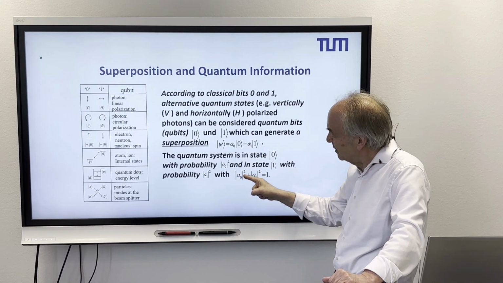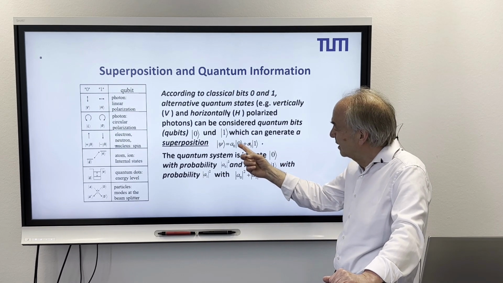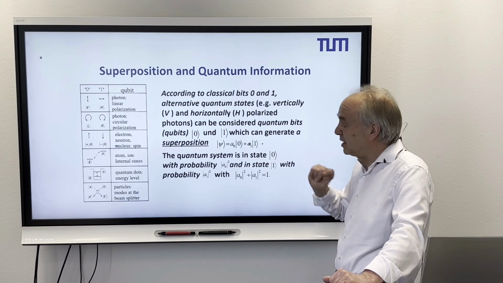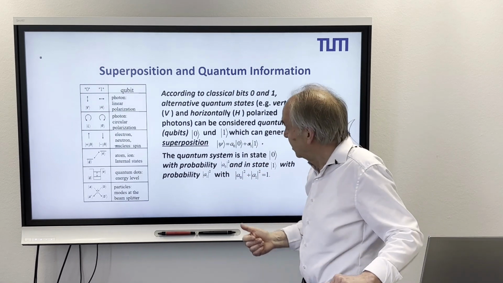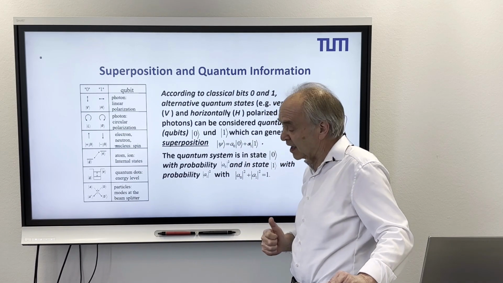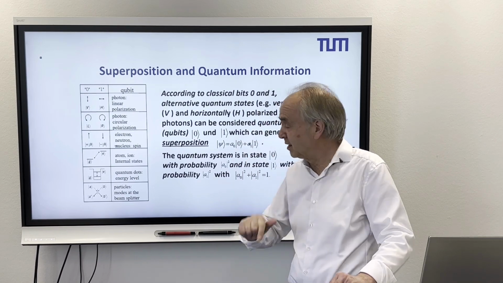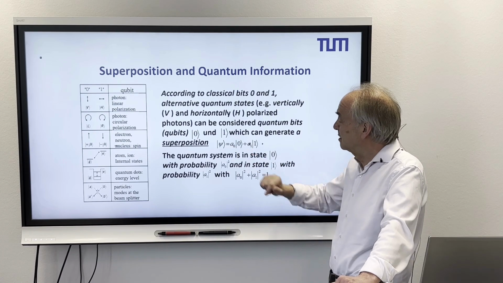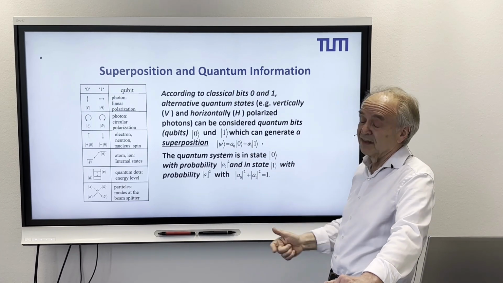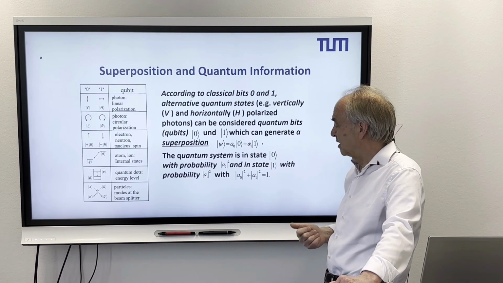And that, in another interpretation, means probability to be in the state 0 or probability to be in the state 1. For example, psi means that now my state is with a probability of, let us say, 60% 0, and with the rest probability, 40%, it is 1.